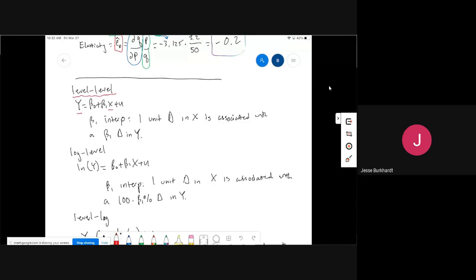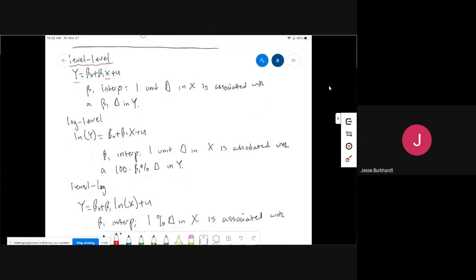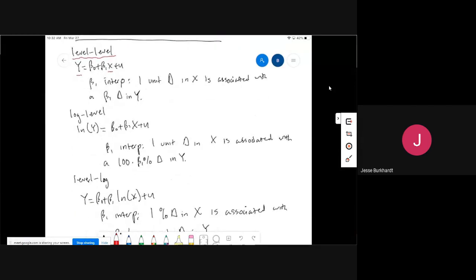We could also log the dependent variable. That's the next line here: the log of the dependent variable. It's a natural log. I wrote regular log above, but it's the natural log of y regressed on the level of x. How does that change the interpretation of the regression when we log a variable? First of all, how do we log a variable?